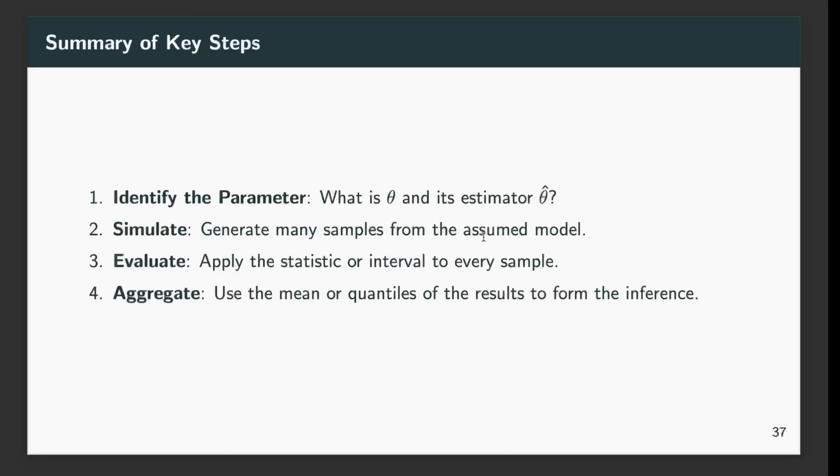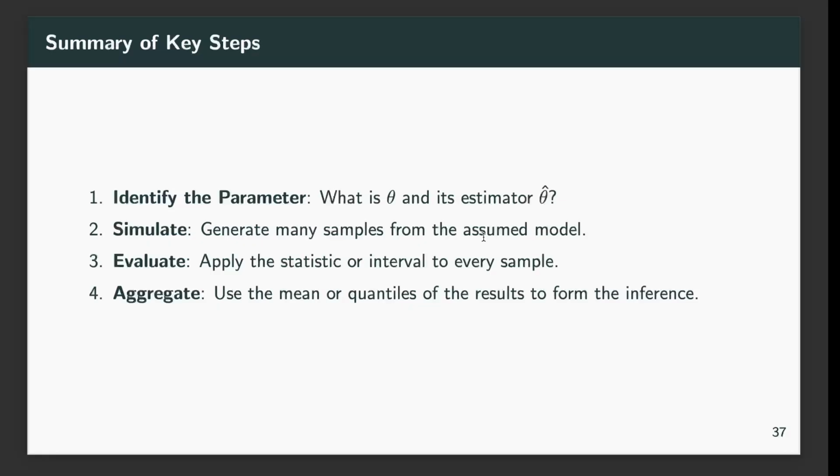To sum up everything, here are the summaries. Number one is that we identify the parameter. We must know what the true parameter theta is that we are interested in, and what theta hat is, which is our estimator. You must be precise about what you are trying to estimate: is it a mean, a variance, or a power?